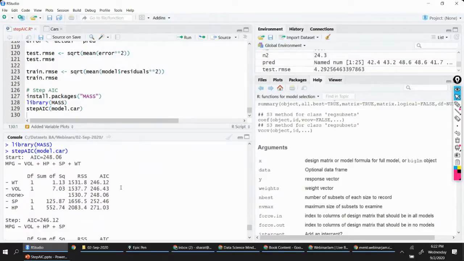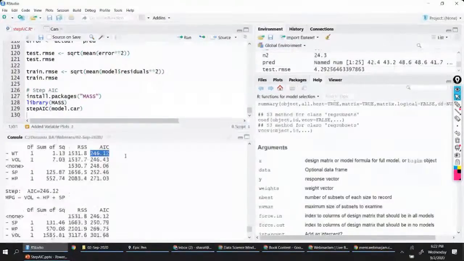And here it is looking at the AIC values. So we are removing the variable right here, the one which has the least AIC, basically. And yeah, this has the least AIC weight.